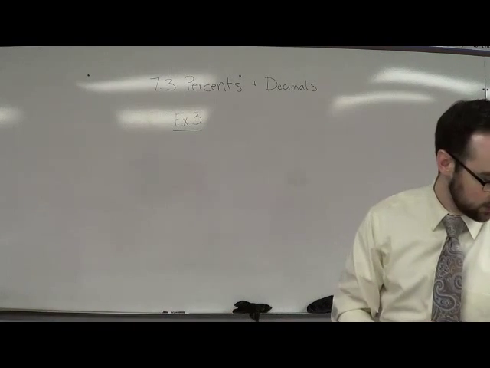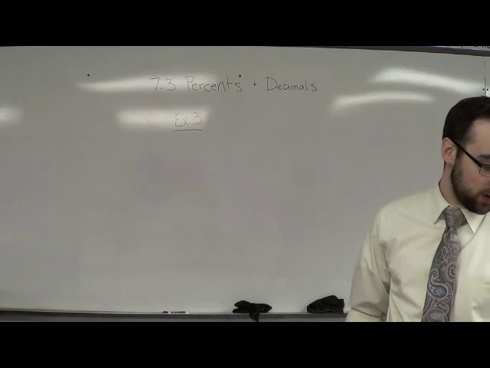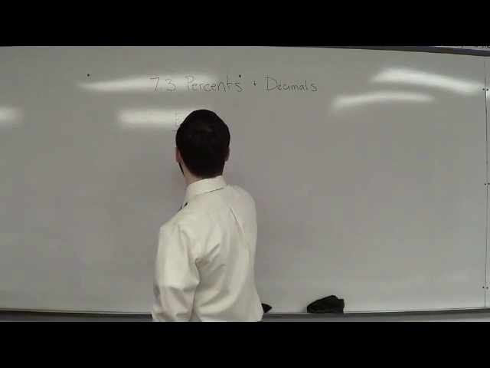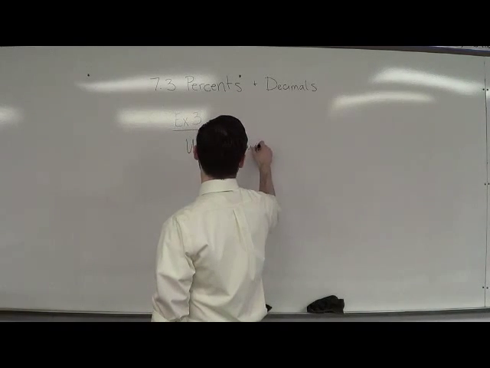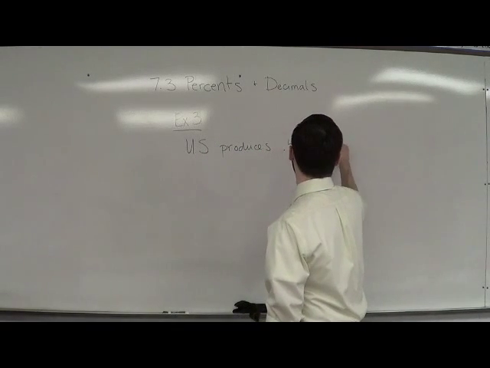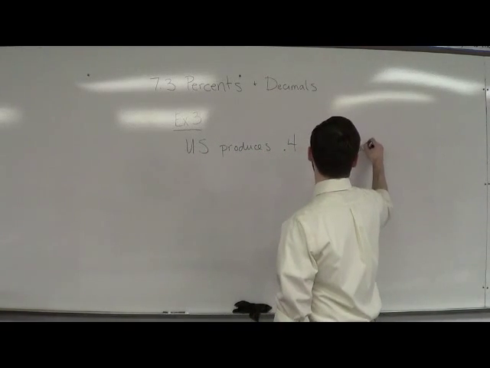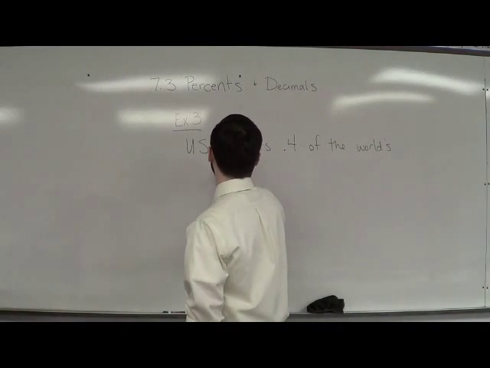So it says, the United States produces more corn than any other country, producing 0.4 of the total corn crops. So it says the U.S. produces 0.4 of the world's total corn crop.